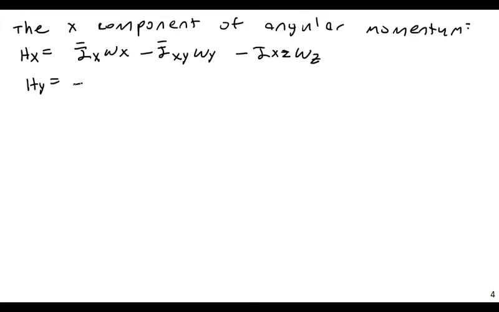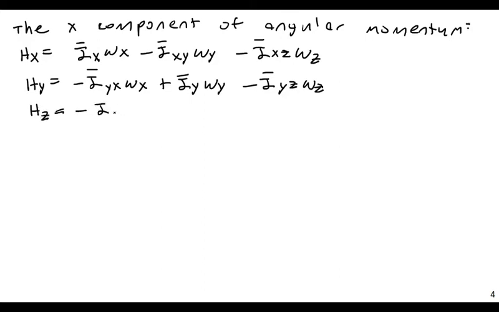So Hy is equal to negative Iyx times omega x, plus Iy, and I'm putting bars over all of these to indicate about the center of mass, times omega y, minus Iyz omega z, and Hz is equal to negative Izx bar times omega x, minus Izy omega y, plus Iz times omega z.